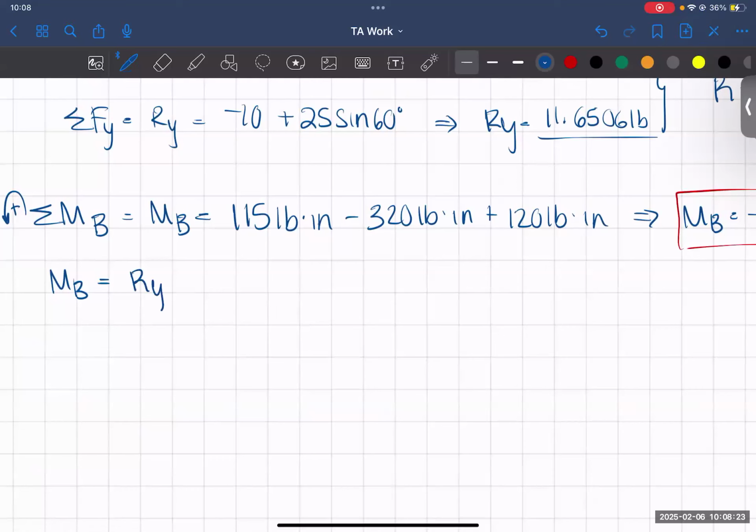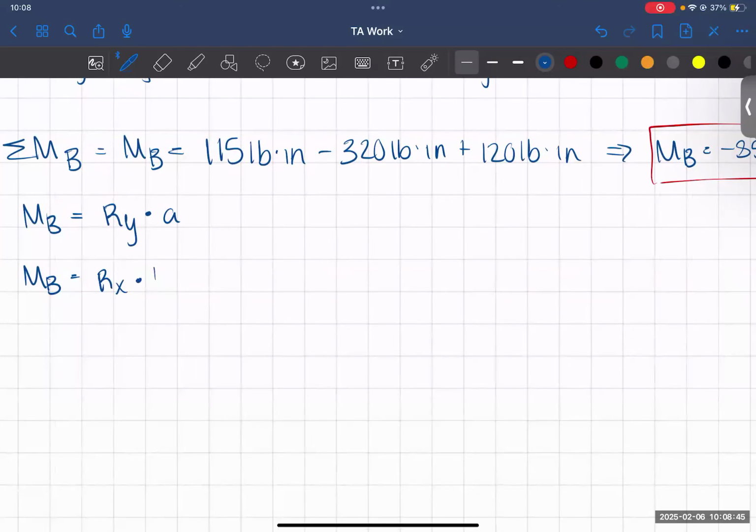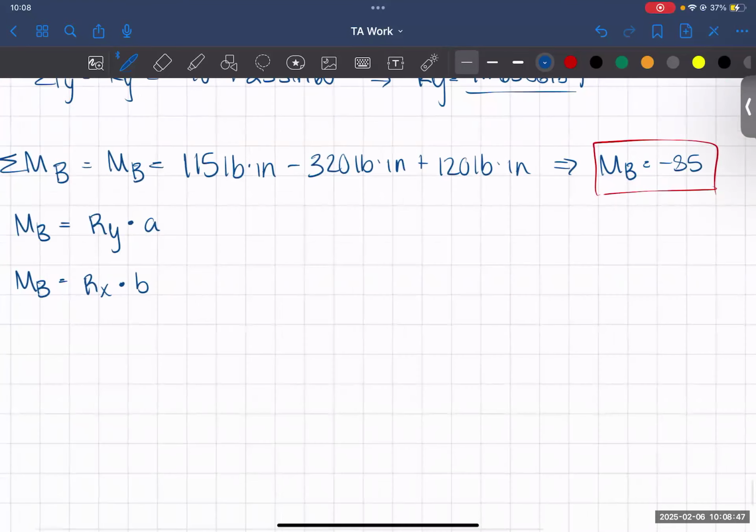So in this case, Ry times a, which is the distance that we're trying to find. And then MB equals Rx times b, which is the other distance. We have to solve for a. So a equals MB divided by Ry.